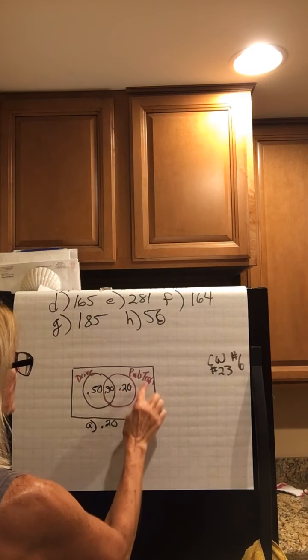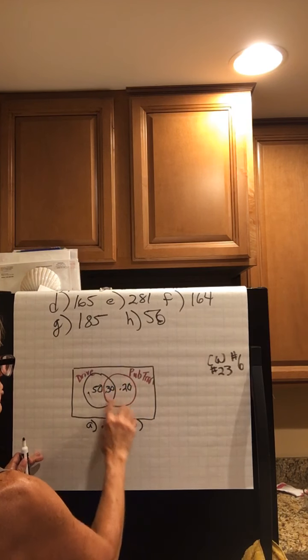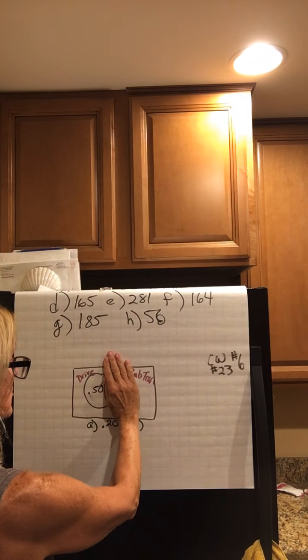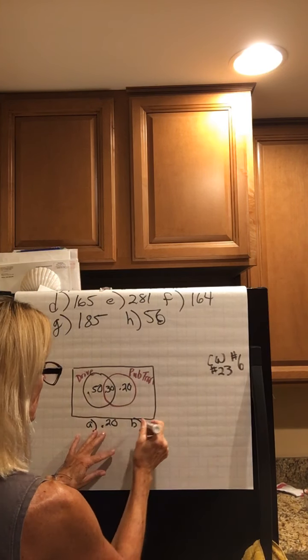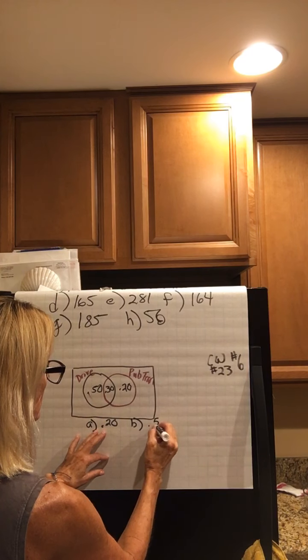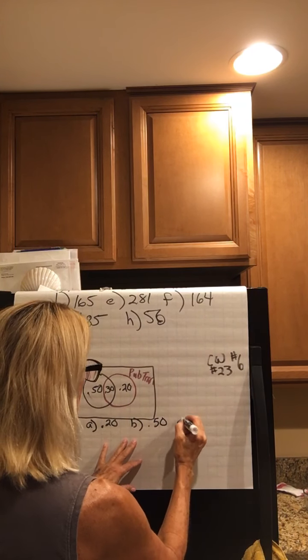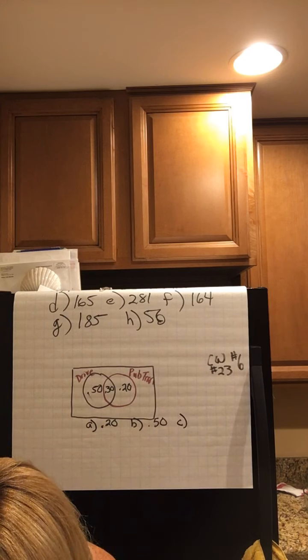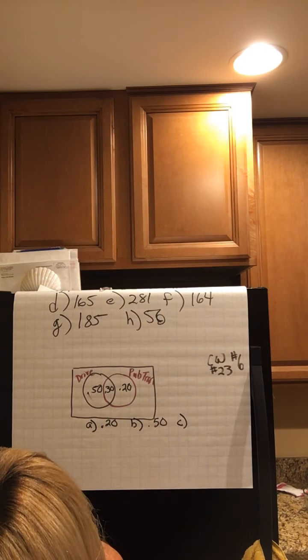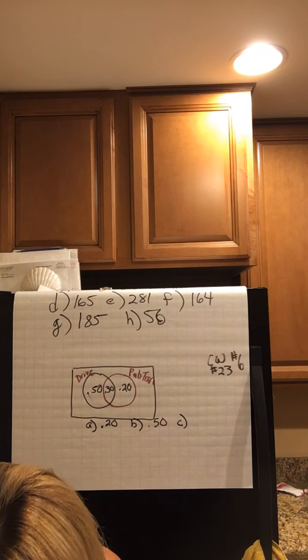So, does not take public transportation. So that's your red circle. Right there, you cover up the whole red circle. 0.50 or 50.